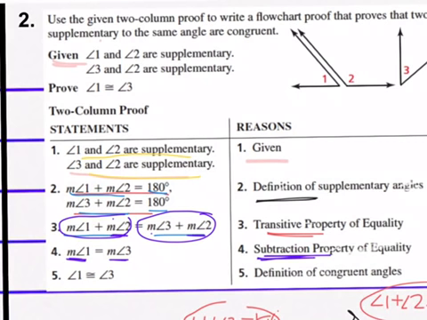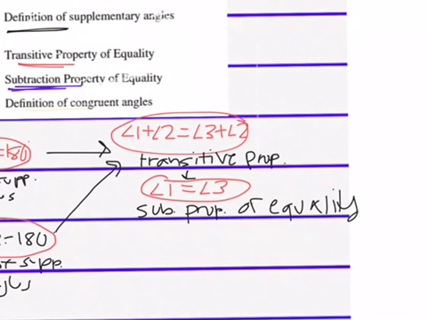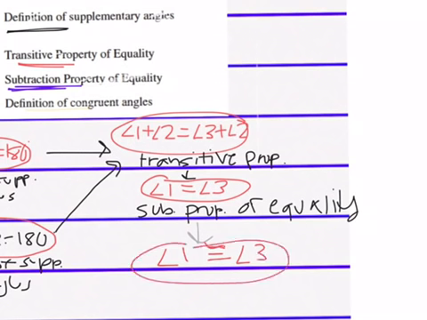Prove that angle 1 is congruent to angle 3, and that is line 5, so this will be our last part of our flowchart proof. Come on. Oh, I know. All right, so angle 1 is congruent to angle 3. This is supposed to be the congruent symbol. And my reason, that's the definition of congruent angles.